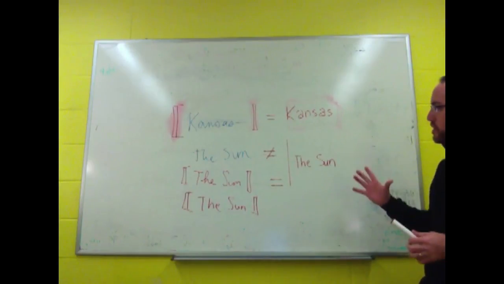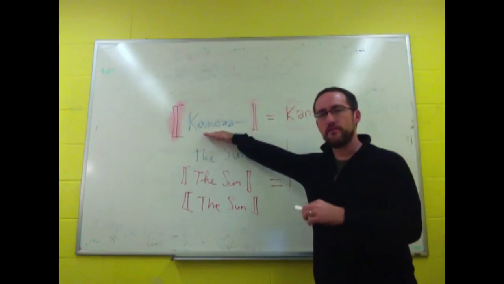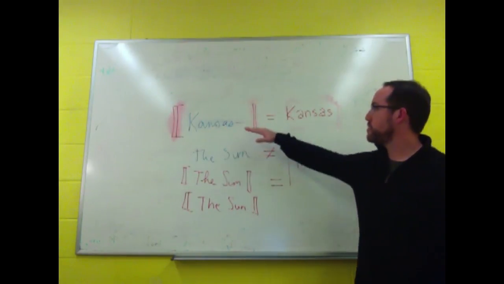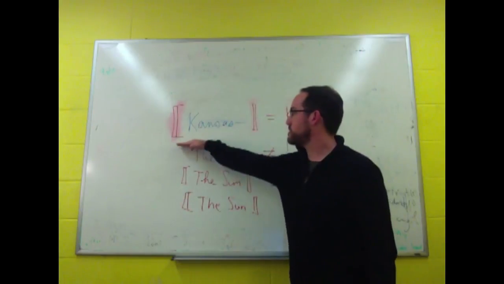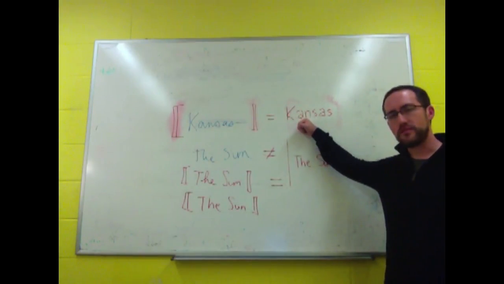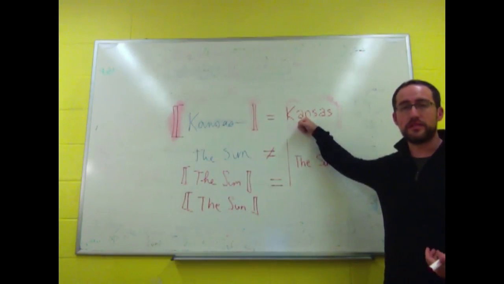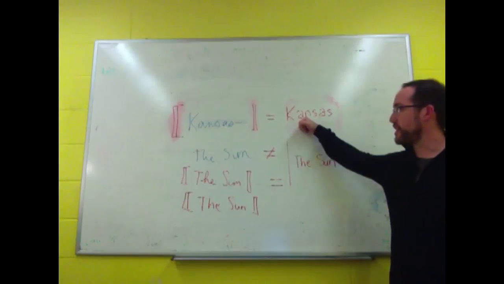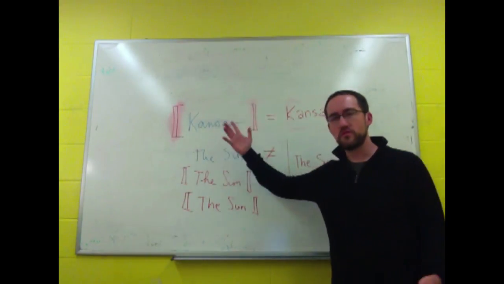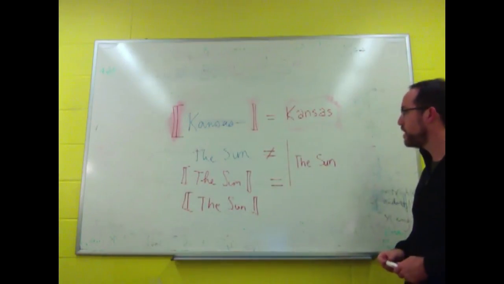So just to recap, linguistic expressions have denotations. We write these denotations by putting them in double brackets. Meta-language expressions are not linguistic expressions. They're just ways of expressing the actual meanings of things. When we talk about the meanings of objects, we're usually talking about the real-world thing that they refer to.